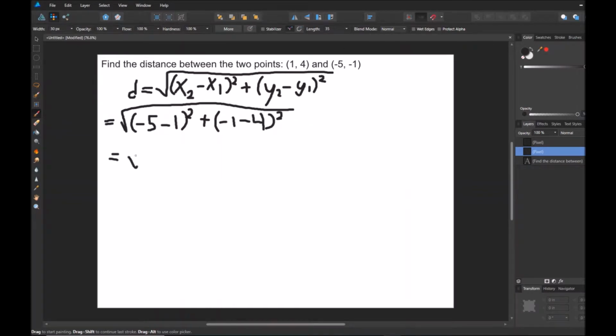So negative 5 minus 1 is negative 6, and we're squaring that, plus negative 1 minus 4 is negative 5, so we're squaring that. And then negative 6 squared is 36. And then negative 5 squared is 25.